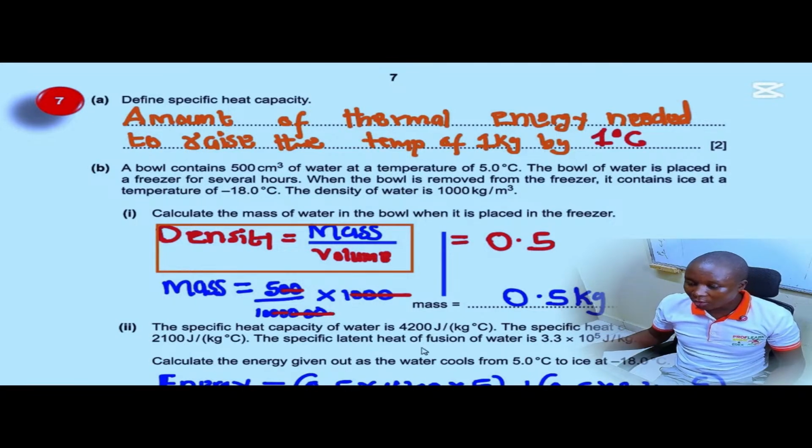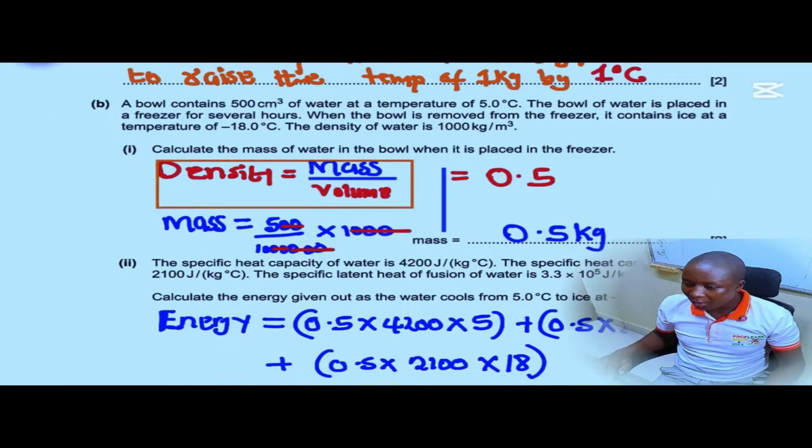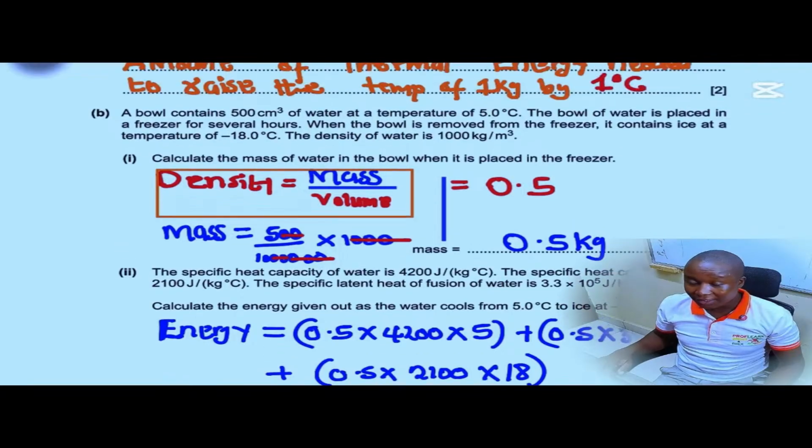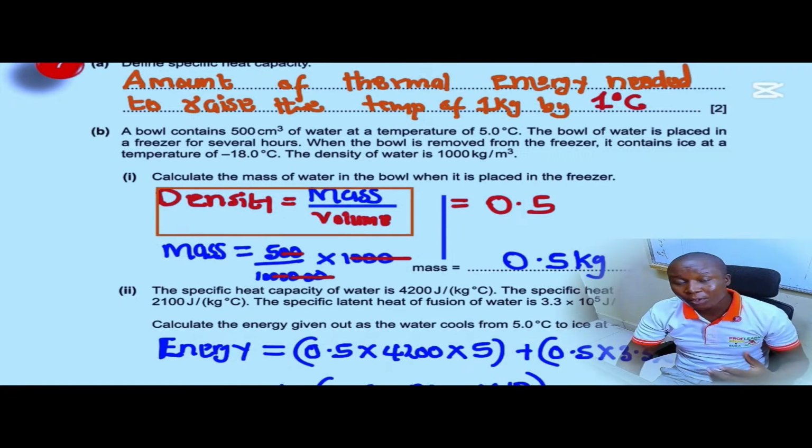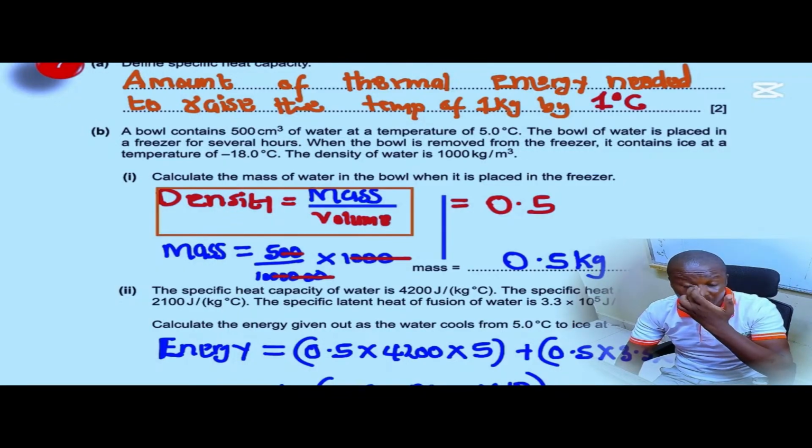So you need also to learn how to work out the energy when you are given thermal energy, when you are given different parts.